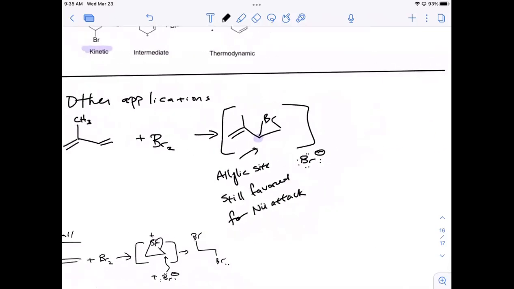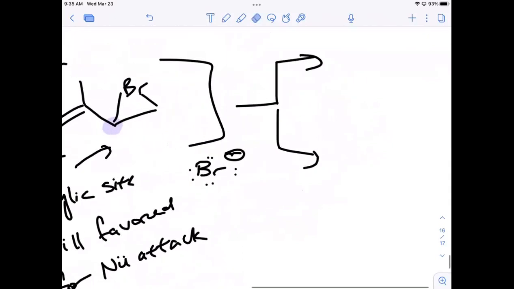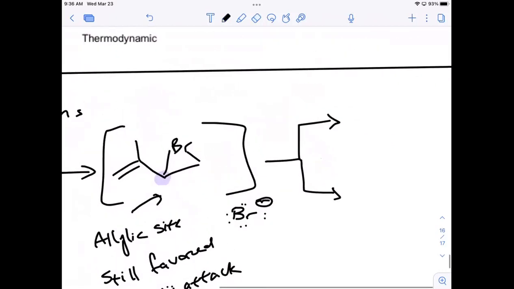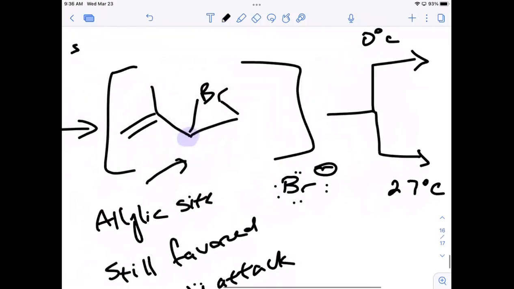So again, this is another reaction that is going to follow all the same mechanistic rules that the addition of HX followed, which means that if I do this at low temperature, where's that bromine going to attack? Second carbon. It's going to attack the highlighted carbon.